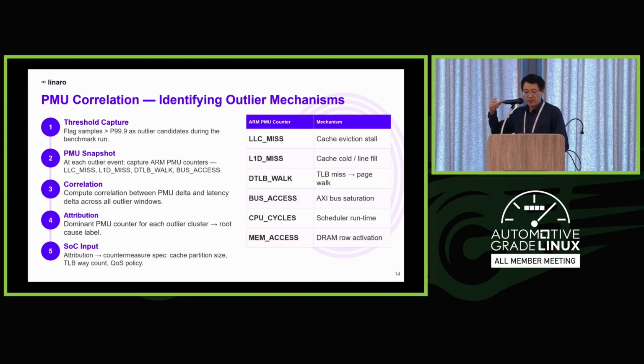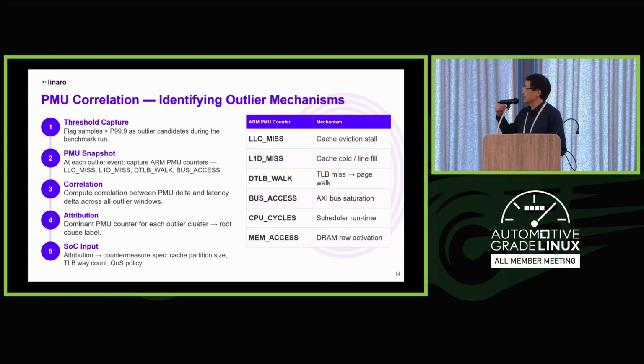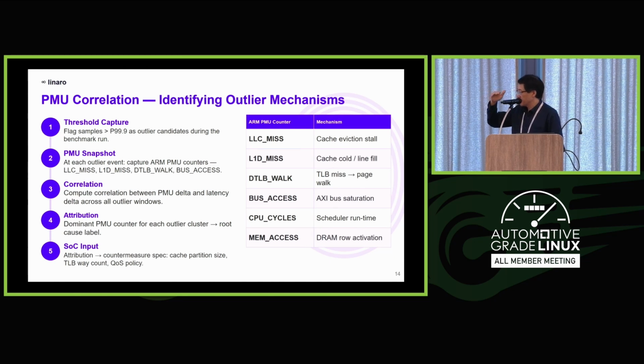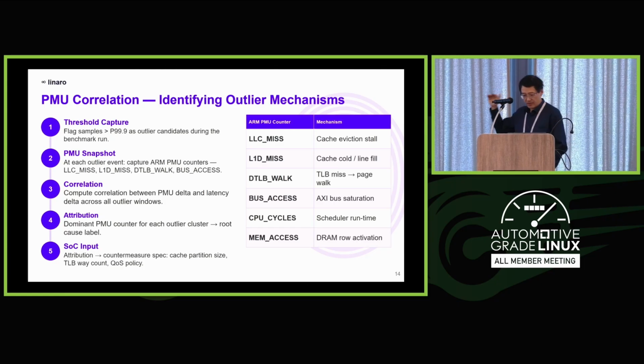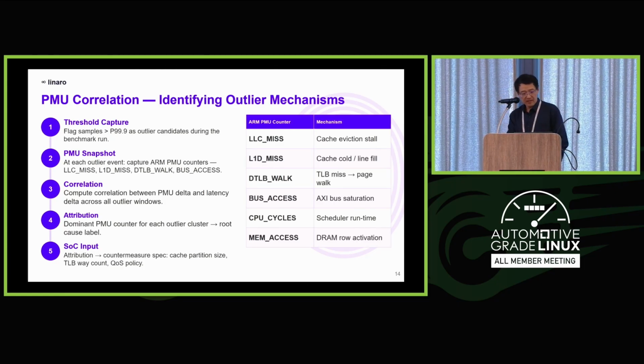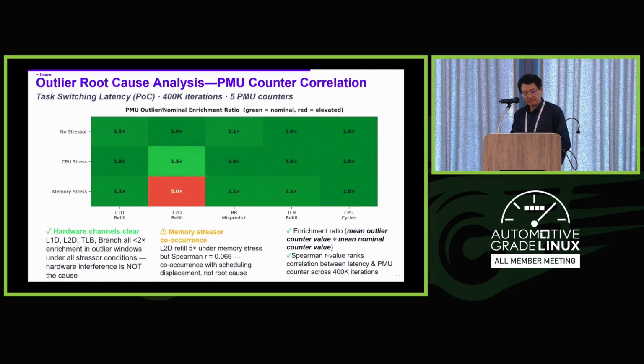And then we do the post process. Essentially, we get a set of data between outliers, say a 150 microsecond outlier for task switching, then pinpoint to say, this is last level cache missing, right? So this is the data set mapping that we're finally going to be provided by this framework.